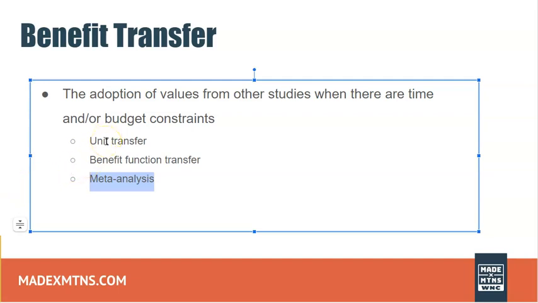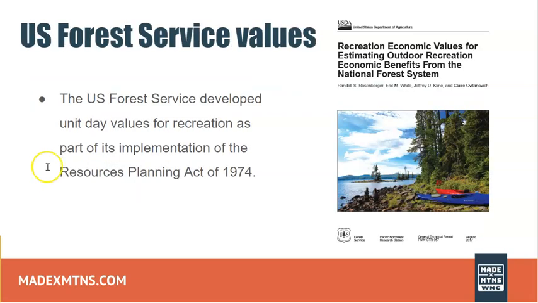In terms of unit transfer, okay, let's talk about the U.S. Forest Service outdoor recreation values. Okay, so U.S. Forest Service has been developing unit day values for recreation since the 1970s.